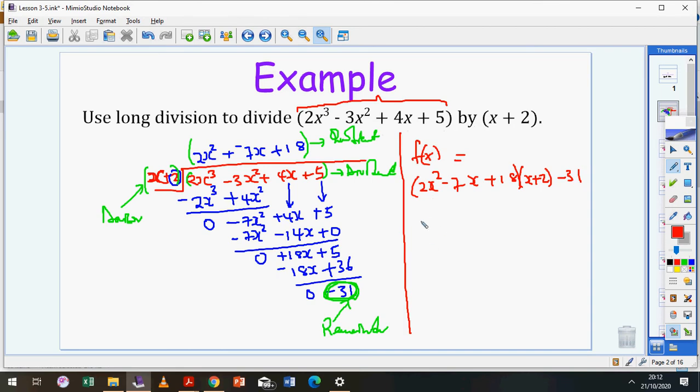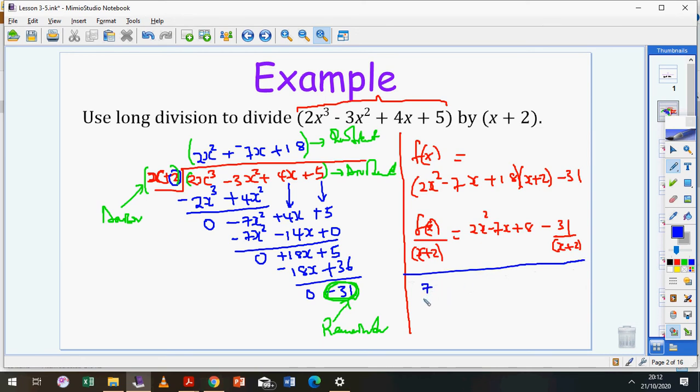Or I can say f(x) over x plus 2 is the same thing as the quotient, 2x squared minus 7x plus 18, plus the remainder divided by the divisor. But the remainder was negative 31, so it's negative 31 divided by x plus 2. I hope this makes sense. And just to make it easier for you, let me write the 7 out of 2 thing again.